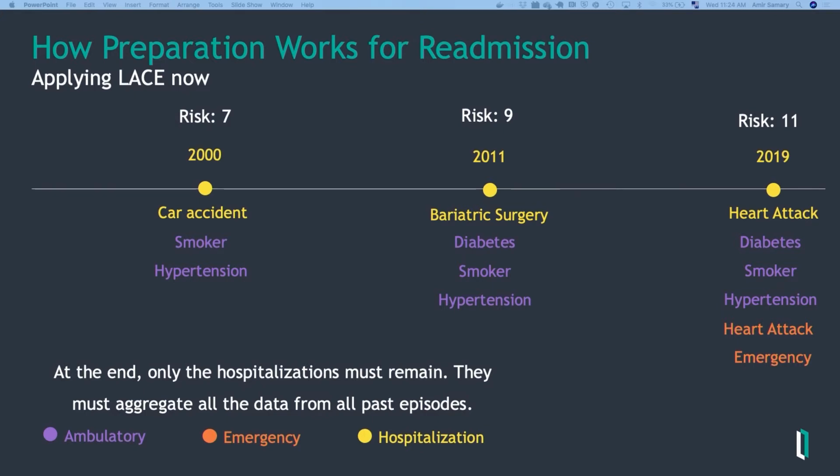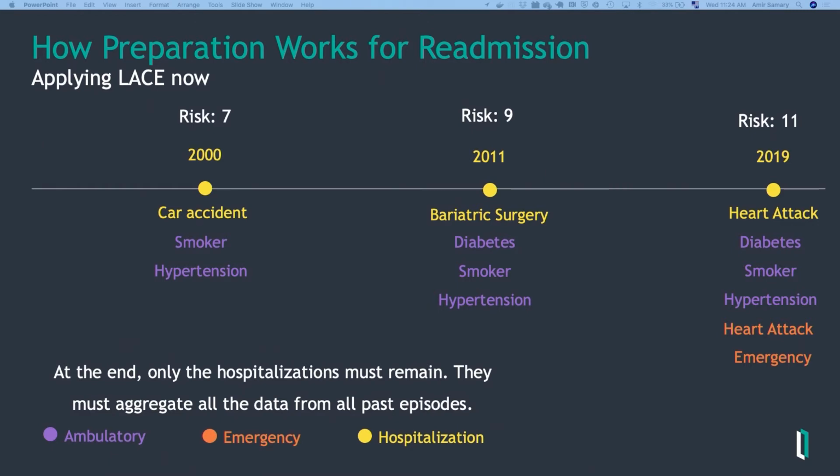He's being admitted to inpatient, to hospitalization through emergency because of a heart attack. And that is what we need to feed to the model. So there is this specific aggregation that needs to be done for the case of readmission. All right?